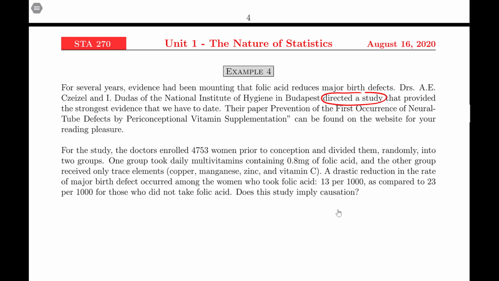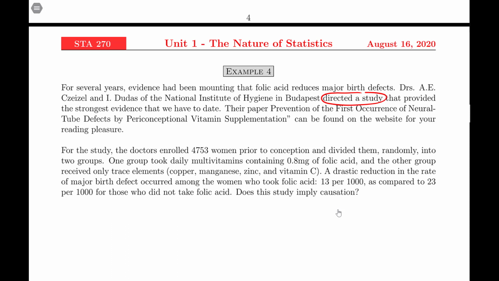Does this study imply causation? Because it was a designed experiment and because the results did show that taking the folic acid reduced the rate of birth defects among these women, we can actually say with a greater degree of certainty that yes, folic acid is important to the prevention of birth defects. And we can say this because of the way that the doctors established this experiment.